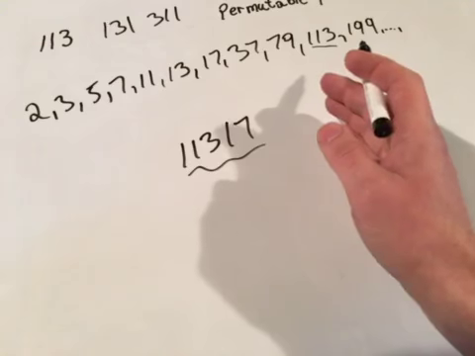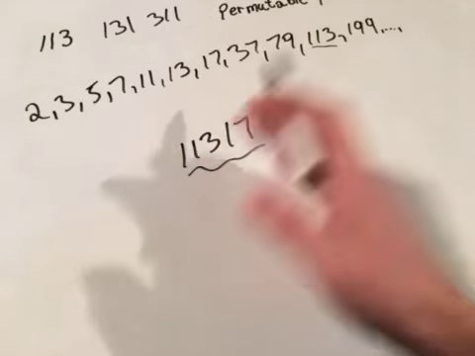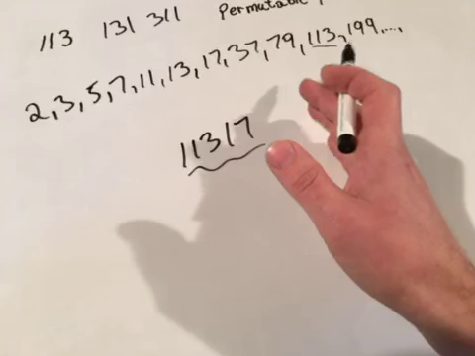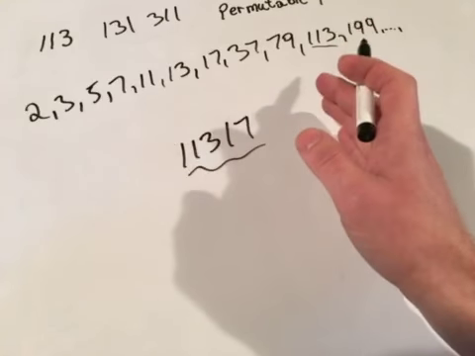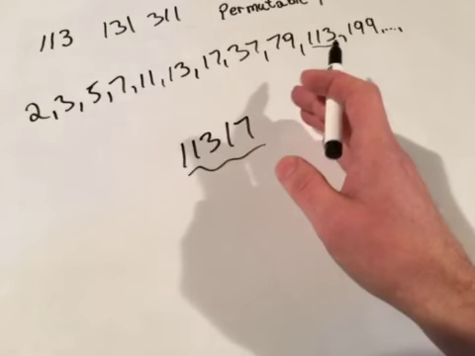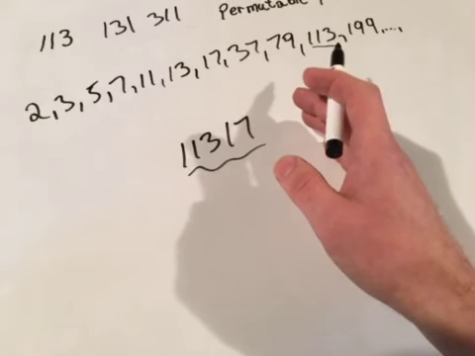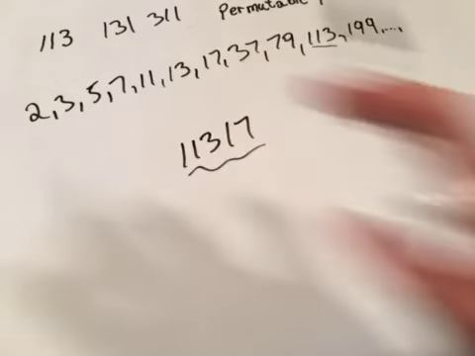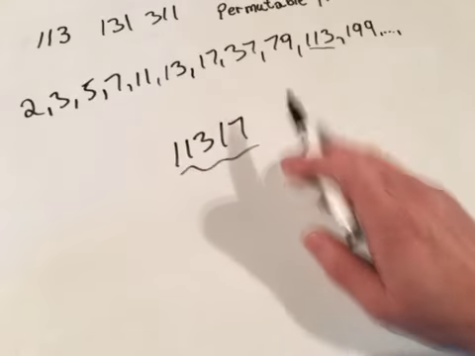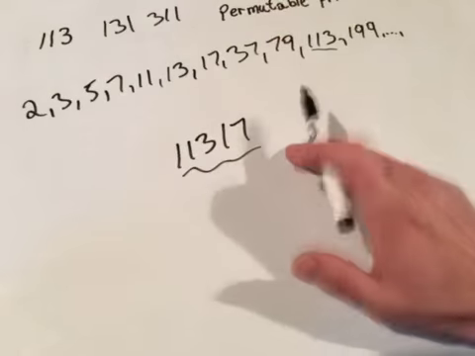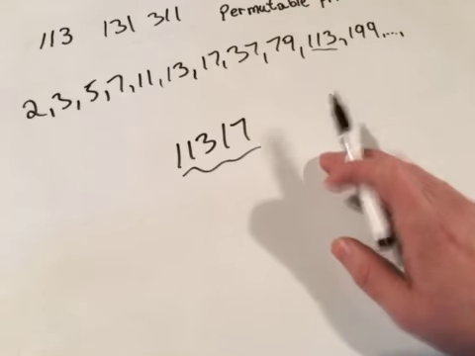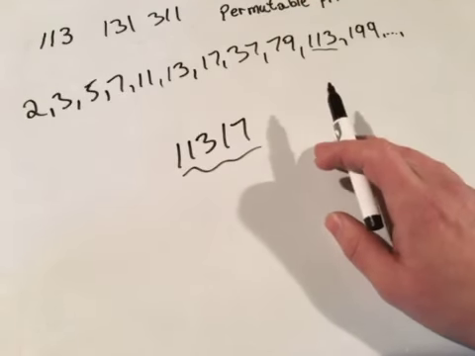And in the same way, if it ended in a 0, it would be even and could not be prime. If it ended in a 5, it would be divisible by 5 and could not be prime. Well, there's no 2, no 5, no 0, right? There's three ones, a 3, and a 7. So I would say this is a possibility for also a permutable prime. And how cool would it be if it was a permutable prime?